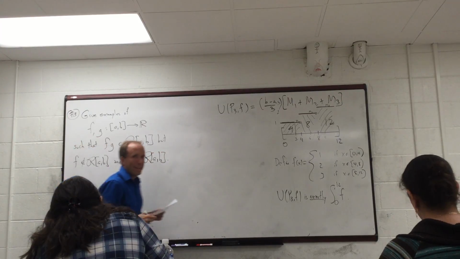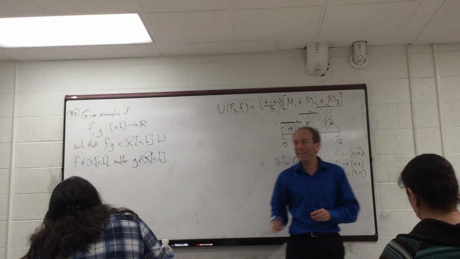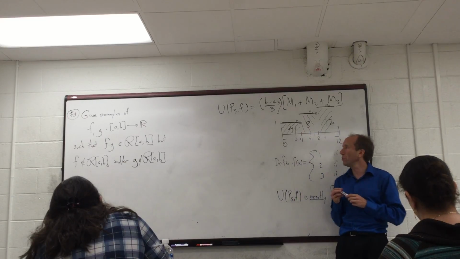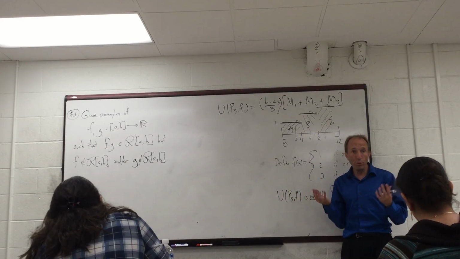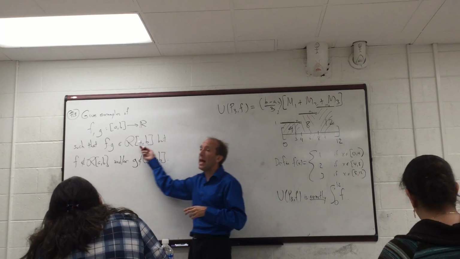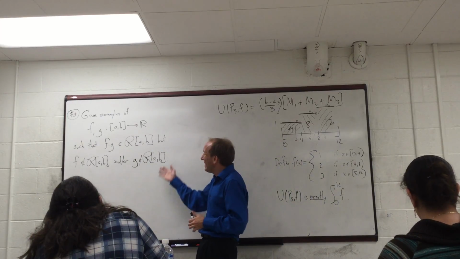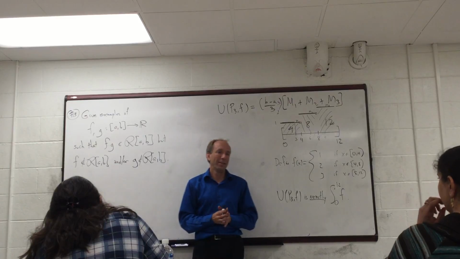So the idea here is if you take a product of 2 functions and you get something that you can integrate, it doesn't mean that the functions you started with could be integrated.